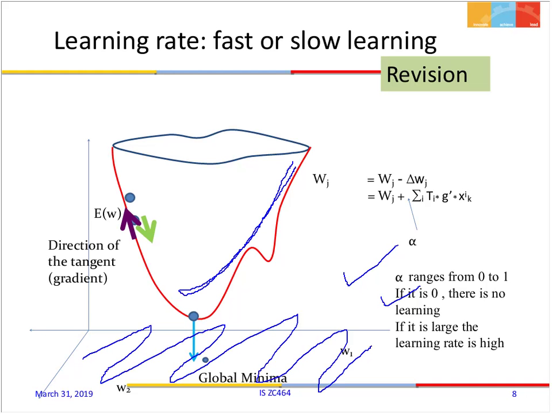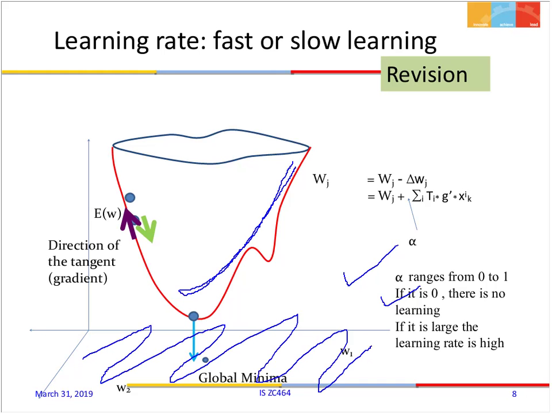The movement is only in the two-dimensional space. But when we move, the corresponding error changes, and we visualize that as the error changes, we are coming down to the global minima. So this difference is clear. We are actually moving in the W1, W2 space.